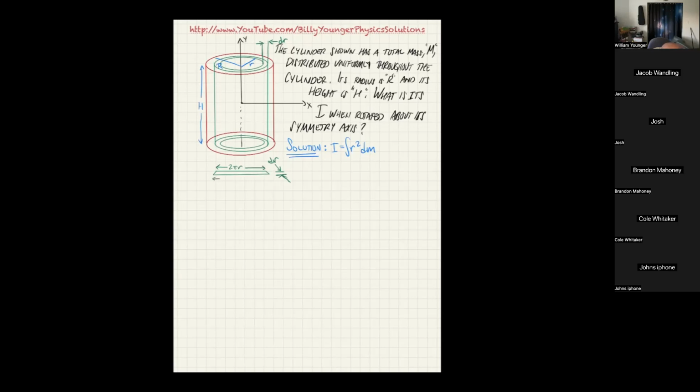But if you look out here, the distance is 2 pi times r plus dr out here. So it's not really a rectangle. It's actually a rectangle with 2 little triangular pieces on the end.